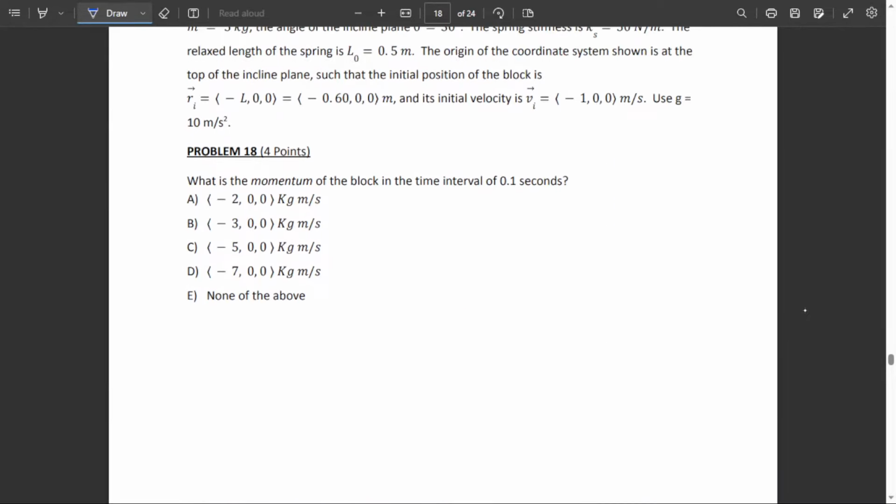So in equation form, we know force is equal to the change in momentum. If we assume force is constant, then we can write this as force is equal to the change in momentum over change in time, or force times the change in time equals change in momentum.